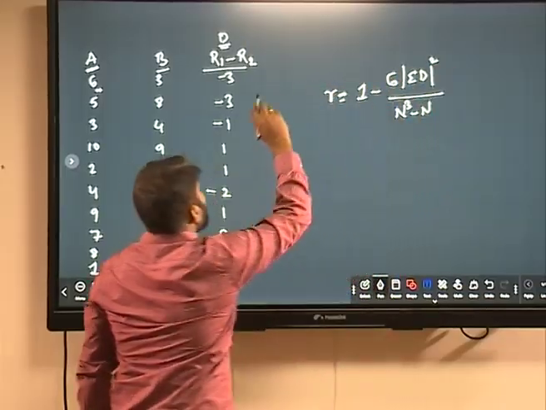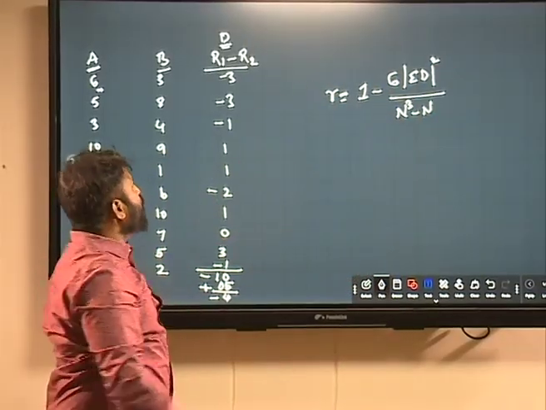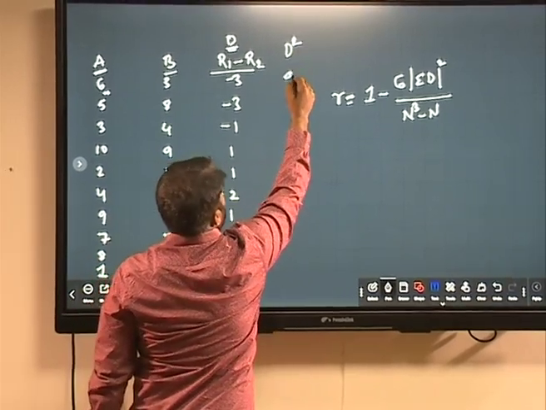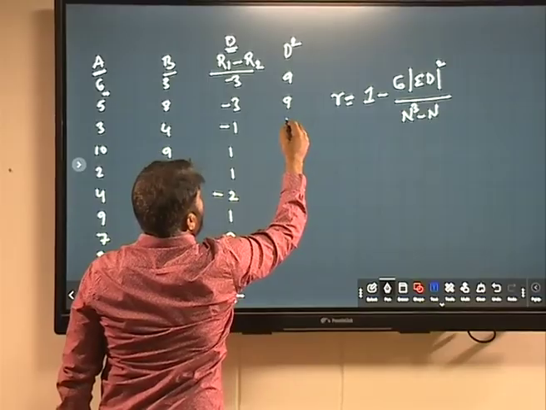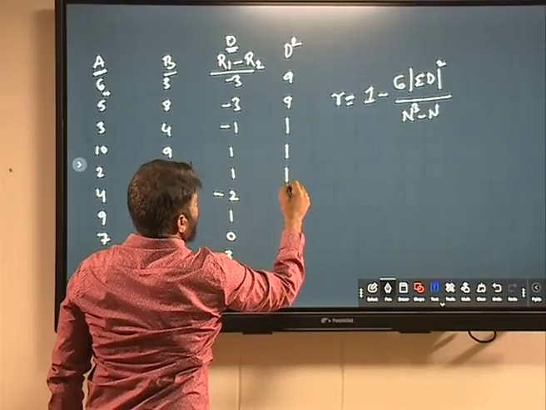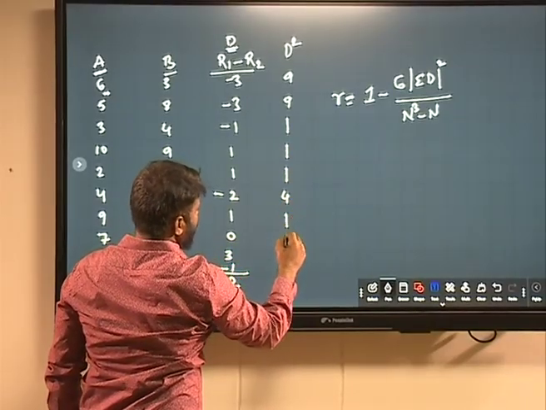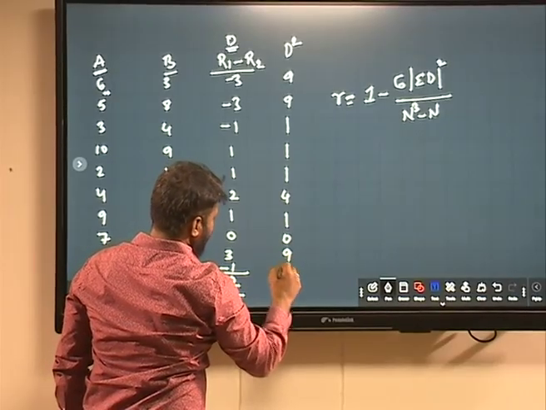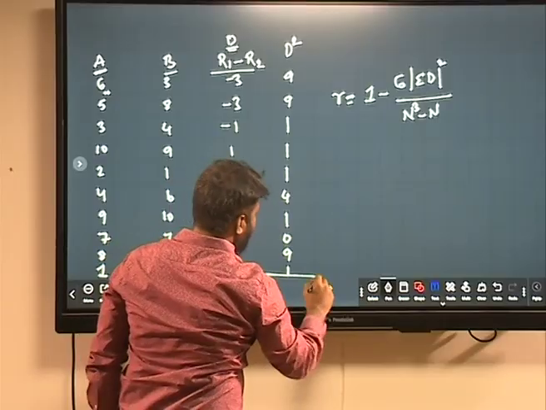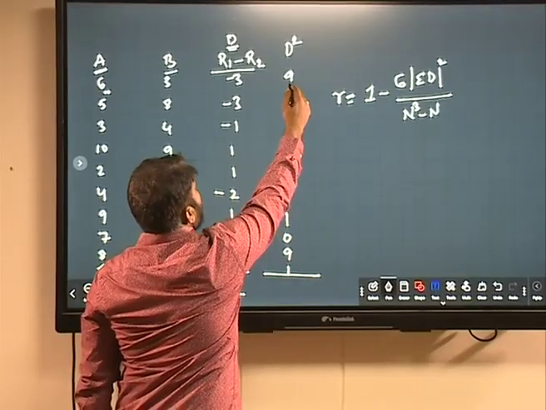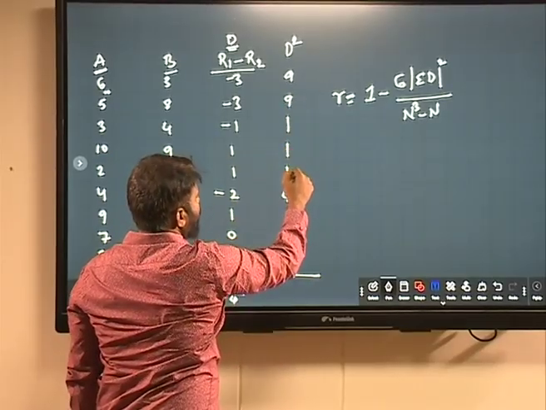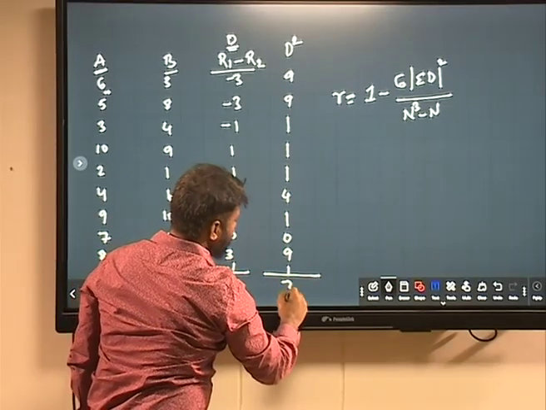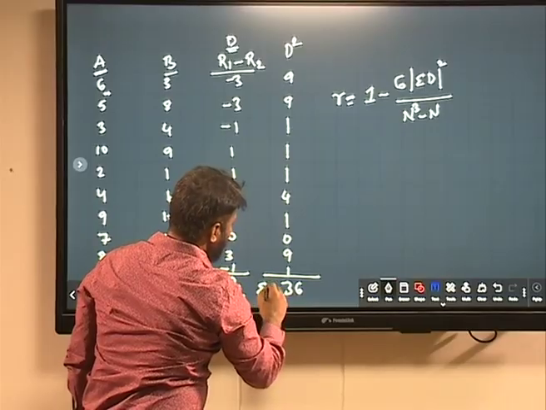After calculating the deviations, we square them: d square is 9, 9, 1, 1, 1, 4, 1, 0, 9 and 1. Adding up the total, we get 36. This is the sigma d square value.